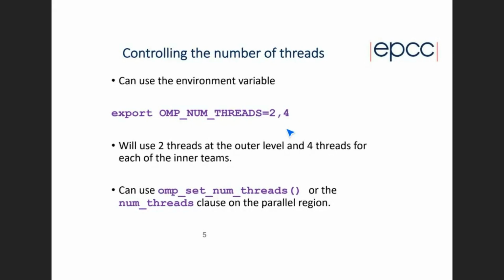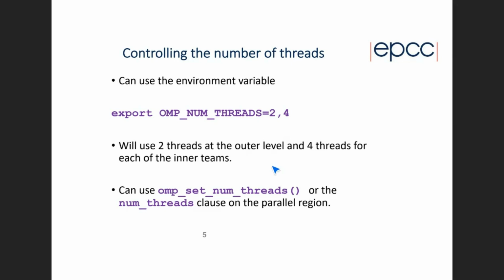This will determine the number of threads at each level of parallelism. So for that previous example, I can say OMP_NUM_THREADS equals 2,4, and that will use 2 threads at the outer level, and then 4 threads for all the parallel regions at the next level down. And I can extend that to more levels if I have more than 2 levels of parallelism.